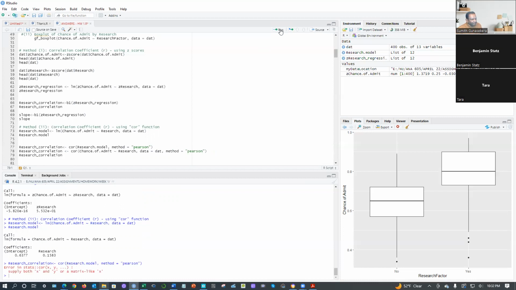Pearson doesn't work, right? If you put just the name of this model, the correlation doesn't work in that format. The correlation method doesn't work. Yes. Okay, let's take this out and see.